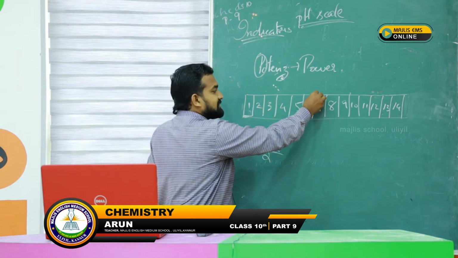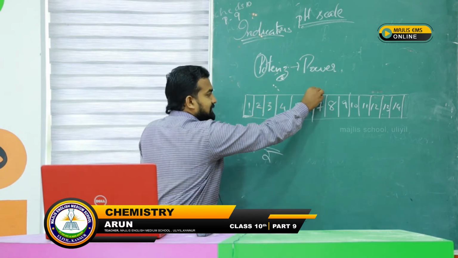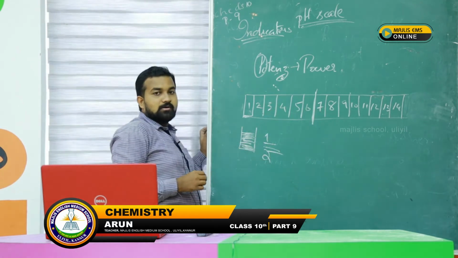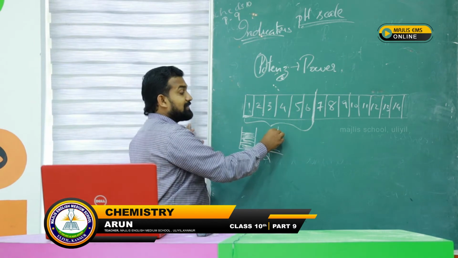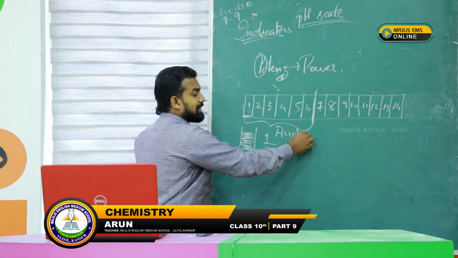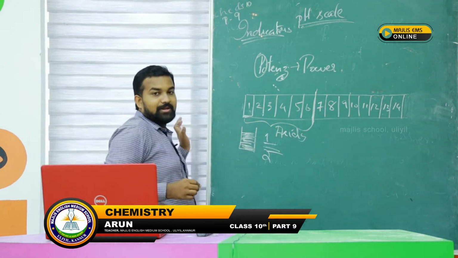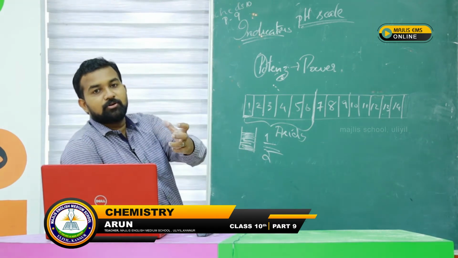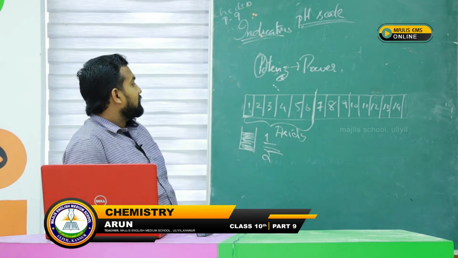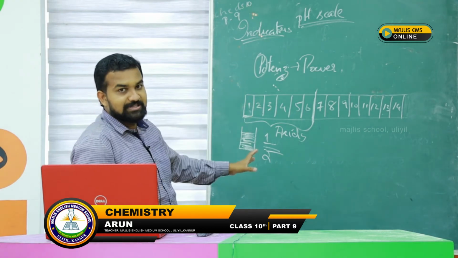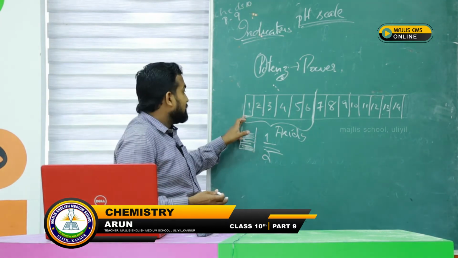So till 6, if we get a measurement of any object till 6, we will say that those substances are acids. And which will be the stronger acid?